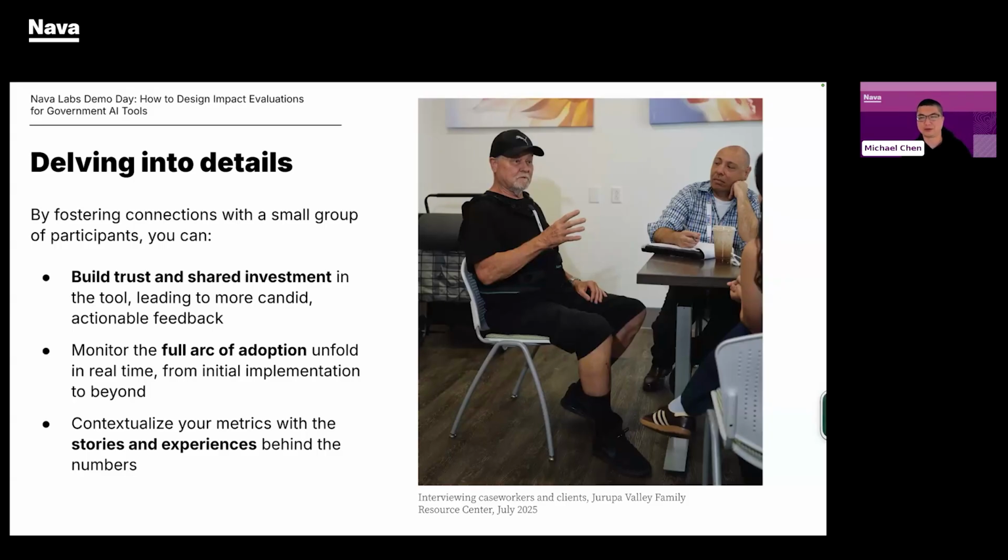And once we got there, we were able to shadow caseworkers, sit in on client appointments with their consent, of course, and really hear about the stories, the ins and outs, the day-to-day experience of how caseworkers conduct their work.